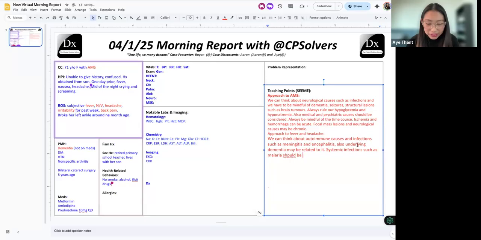And I'm also wondering, she's taking prednisone. The prednisone can also induce a kind of psychosis, but it will be at the bottom of my list of differentials. So at first, I will rule out any infectious cause like encephalitis or meningitis, and then I will rule out any autoimmune encephalitis or things like that.